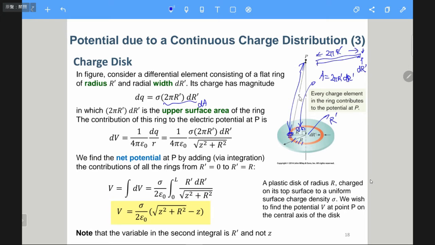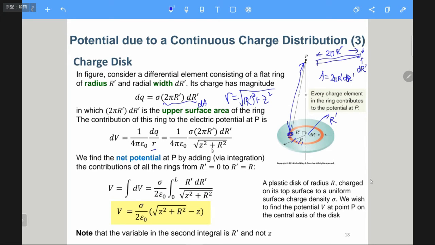Using the Pythagorean theorem, r equals square root of r prime squared plus z squared. So we can put it here. Here we have a dq like this, and then this is r.